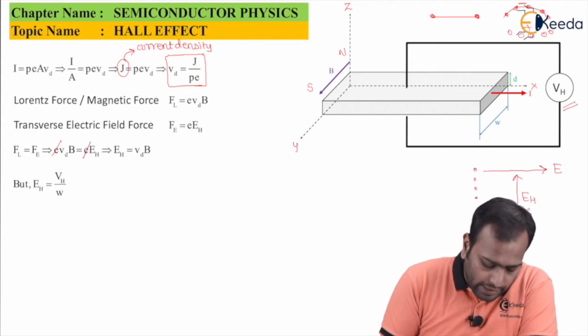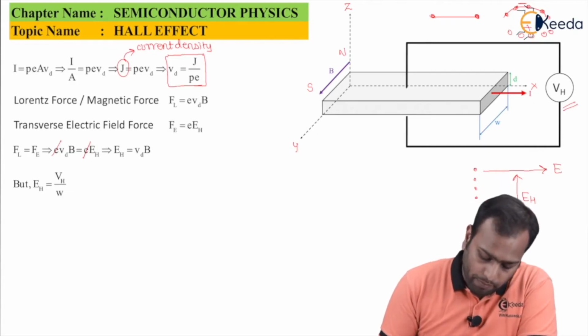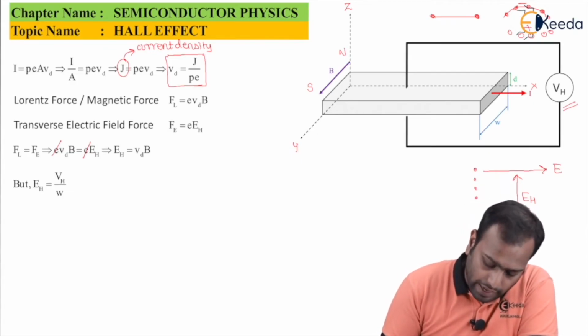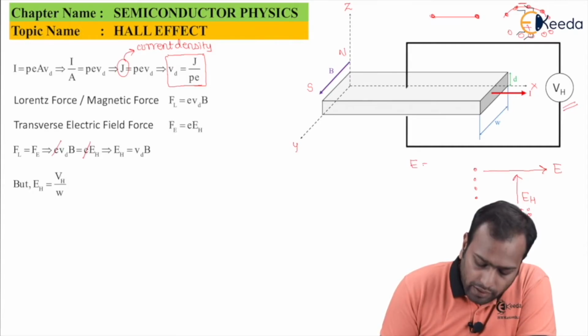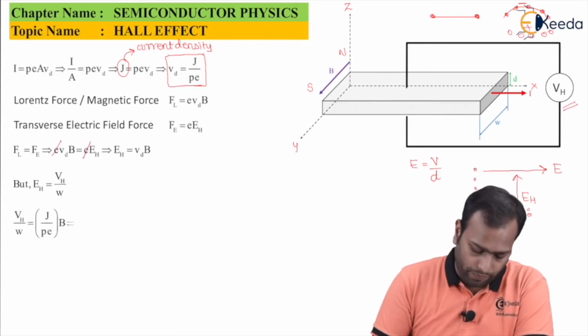But we know that EH is equal to VH by W. Basically, this comes from the equation that electric field is always equal to the potential divided by the distance.